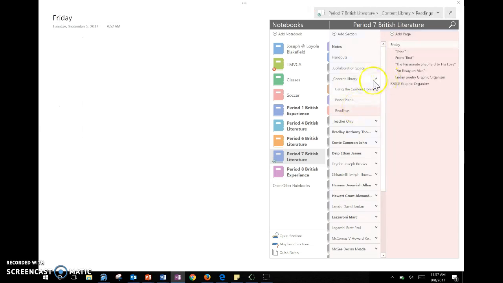Additionally, an assignment that we actually did today was I posted these 4 readings, as you can see on the side here, in the content library for all the students to grab.